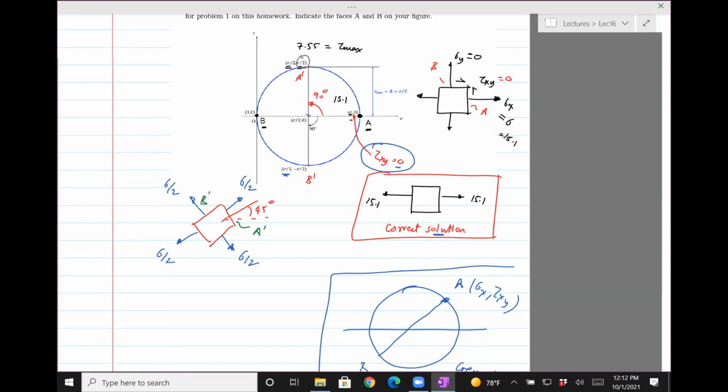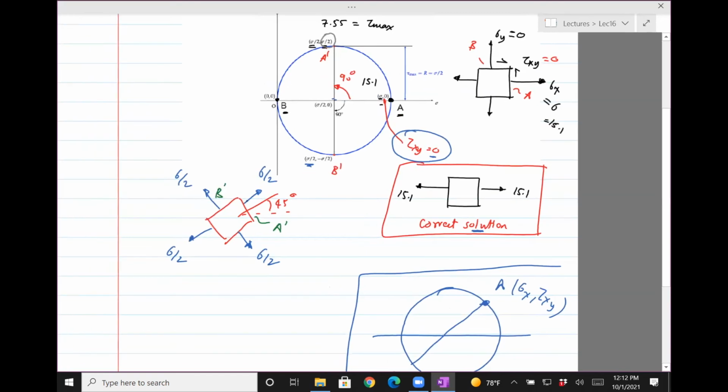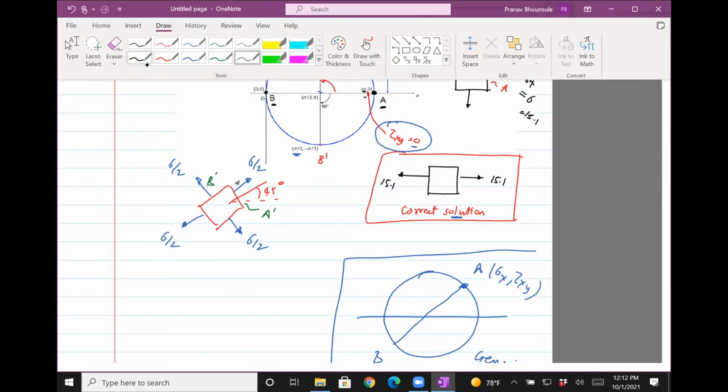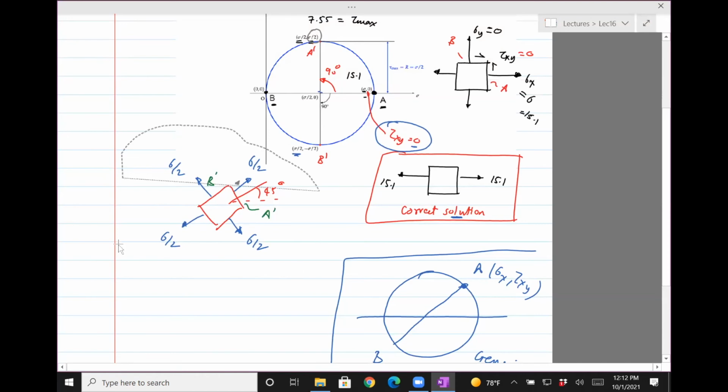So negative shear stress is clockwise. So what we need to do is draw it this way. Whatever is positive on the circle is negative on the square. Shear stress, not everything, just the shear stress.